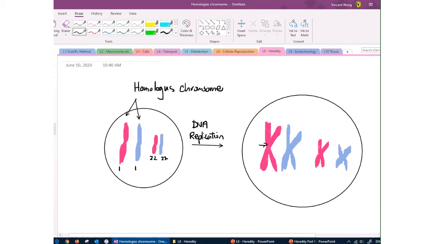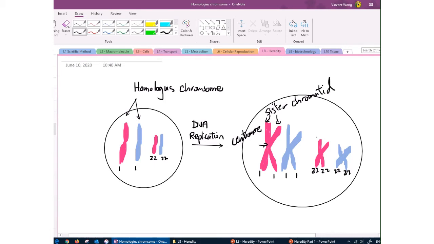This part where the two copies are stuck together, that's the centromere. That's where the spindle fibers will attach when you do cell division. So now there is a chromosome 1 and the exact same copy, and here 22 and its copy. This and this are called the sister chromatids.